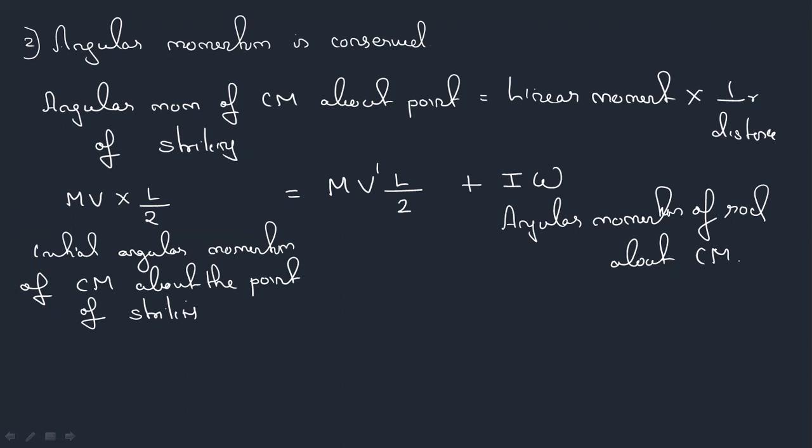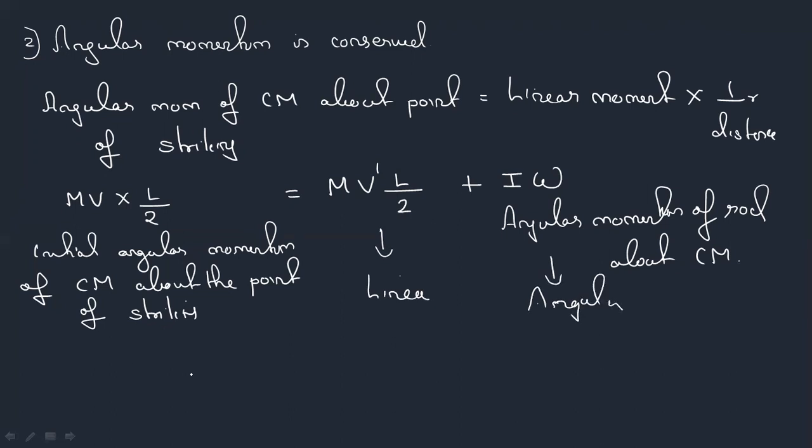Any motion can be considered as a combination of linear momentum and angular momentum. That is why the initial angular momentum is equal to this linear part plus this angular part.